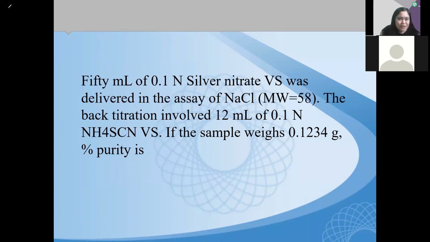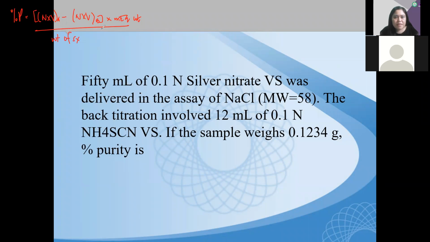Okay. So, the same formula, percent purity is equal to N times V of the first titrant minus N times V of the second titrant, times the milli-equivalent weight, divided by weight of the sample.